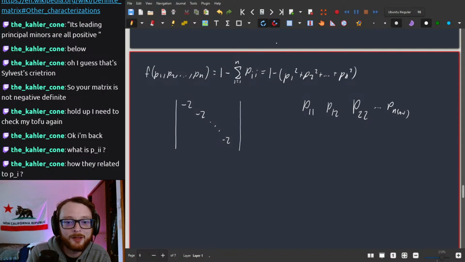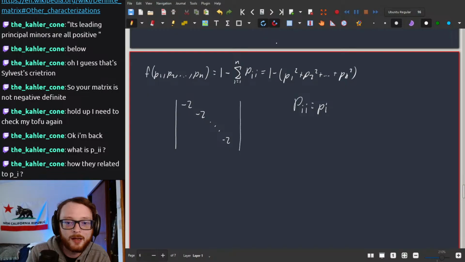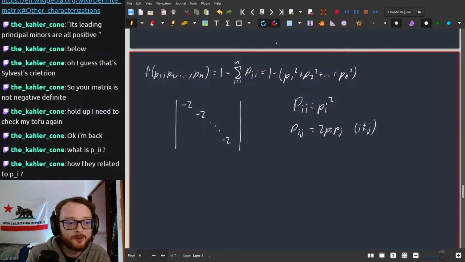And so capital P is related to small p: if it's P_ii it's equal to p_i squared, and if P_ij, for if they're not equal, is 2 p_i p_j. And since these are proportions, all of these have to sum up to 1.